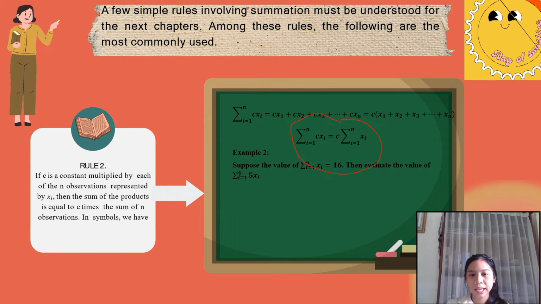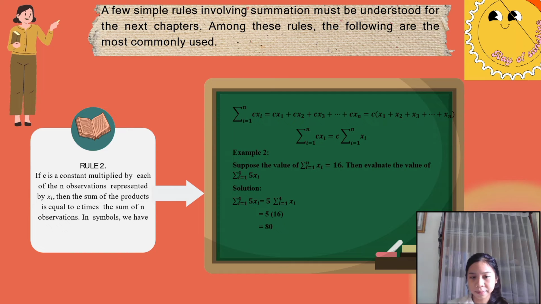Example: suppose that the value of the sum of all x for a equal to 1 to n is equal to 16. Then, evaluate the value of the sum of all 5x for a equal to 1 to n.